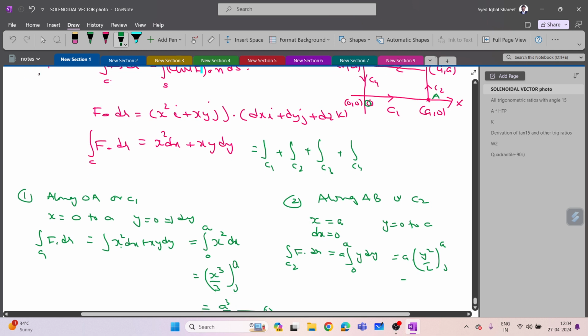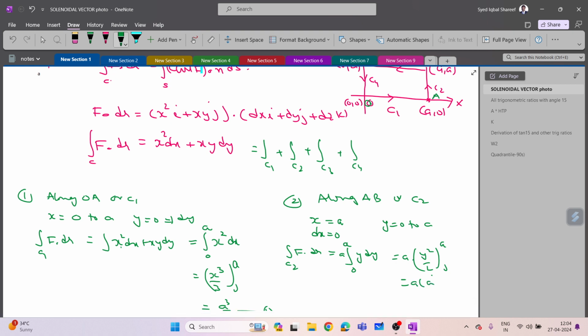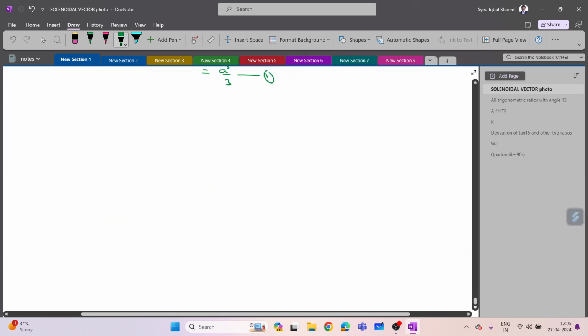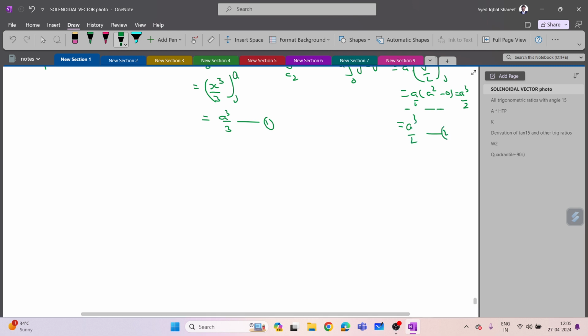If you put the upper limit, a into a squared minus 0 by 2, that will be a cubed by 2. This is number 2.